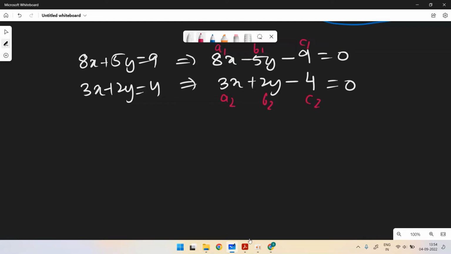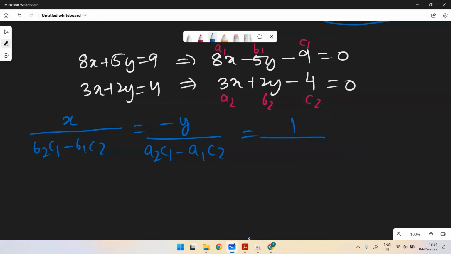To get the value of x, we know that x over b2 c1 minus b1 c2 equals minus y over a2 c1 minus a1 c2 equals 1 over a2 b1 minus a1 b2.